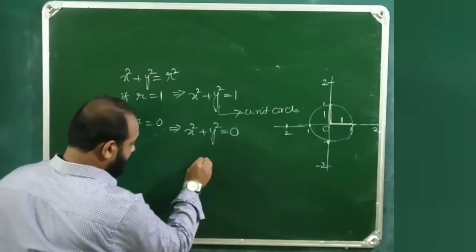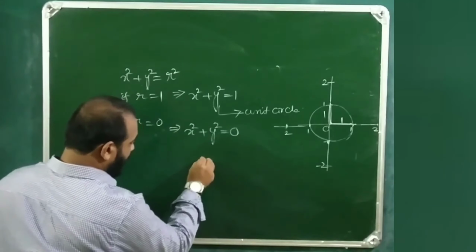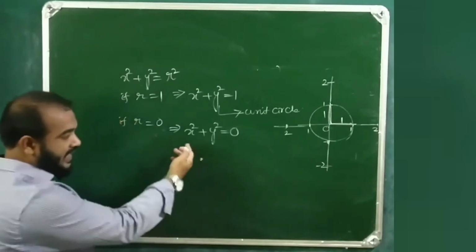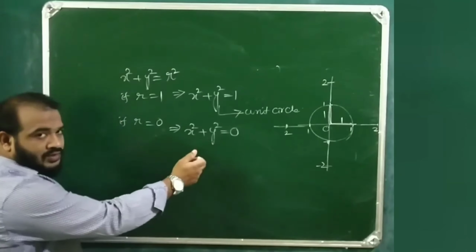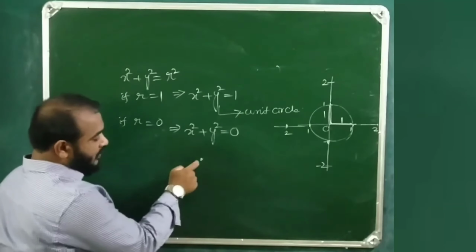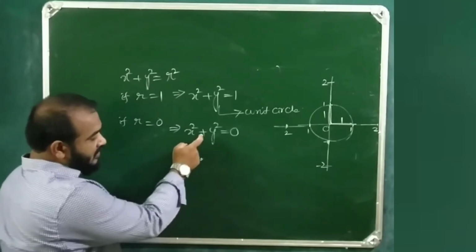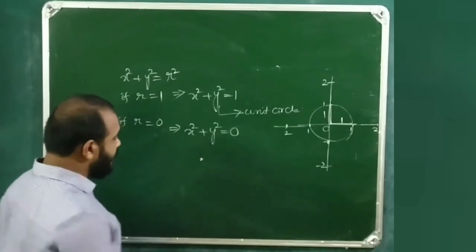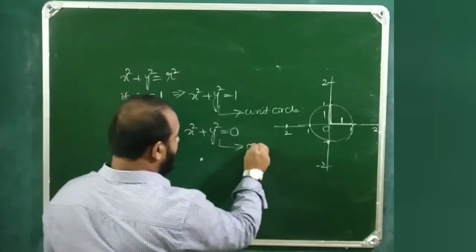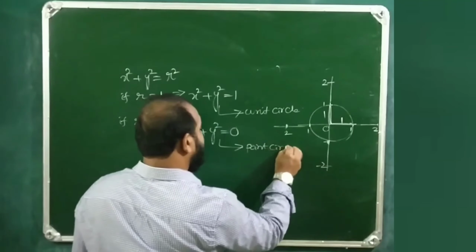So if you want to represent it in a diagram, this is the circle. So this circle is called the point circle.